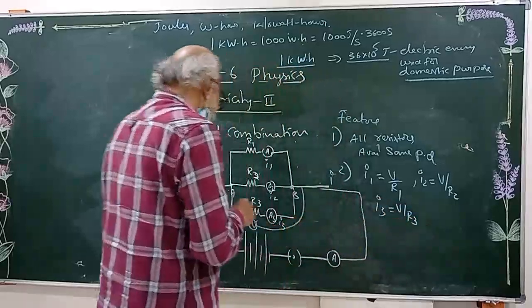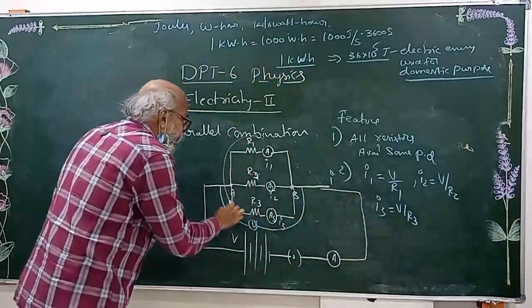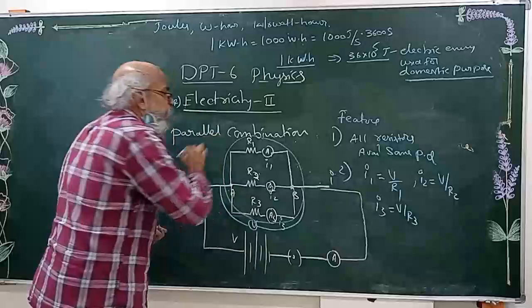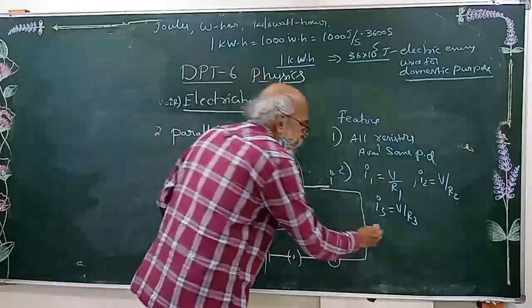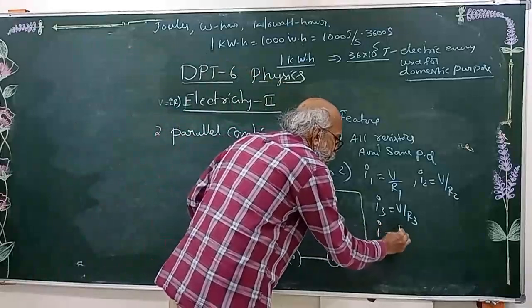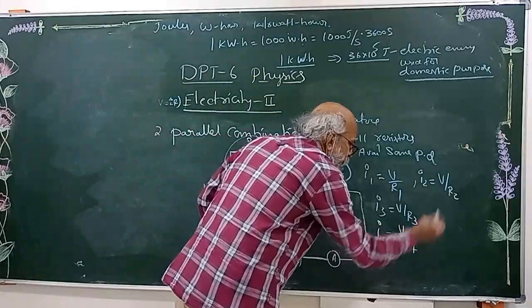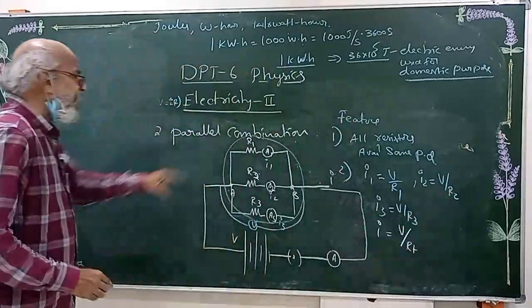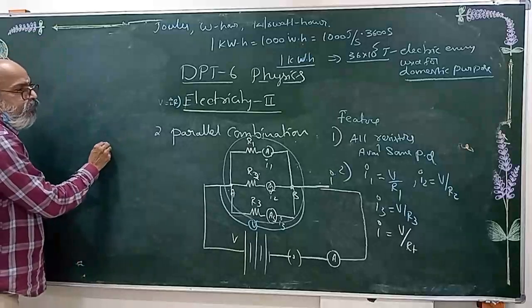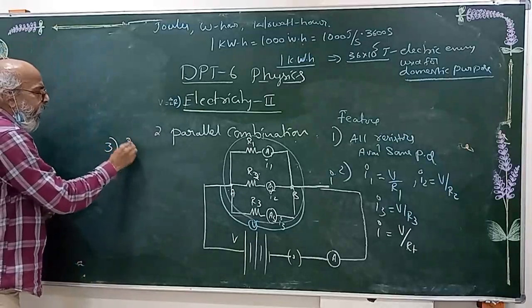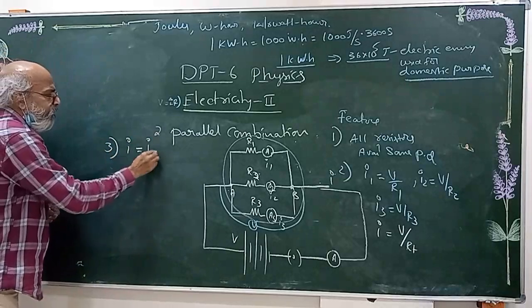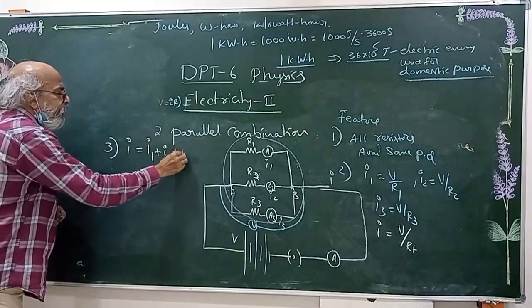For the total I, let the total combination offer the resistance RT. Then I must be equal to V by the total resistance RT. But we can see from all these readings, the third important feature is I is equal to I1 plus I2 plus I3.